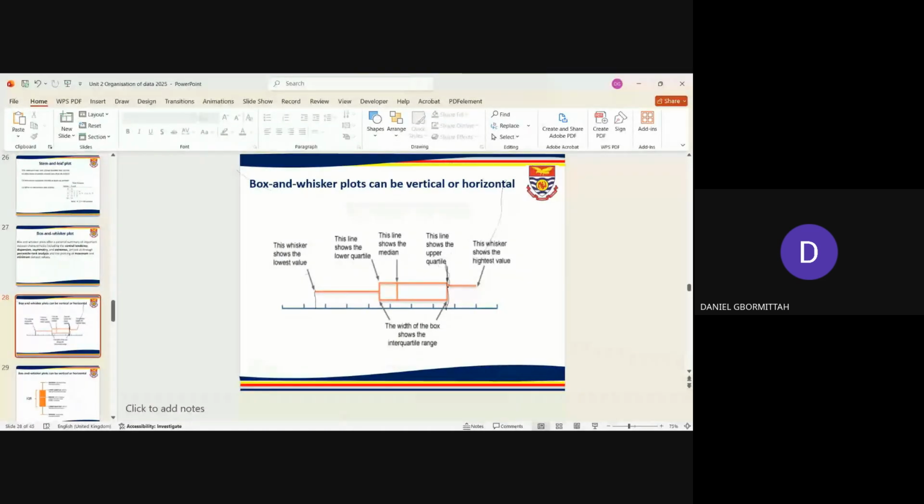The upper quartile, we said it is 3/4 of the data set. And then we have the highest value. This part of the data will give us the highest value. To get the highest value, trace it and read it down here. Okay, any question on the box and whisker before we move on?